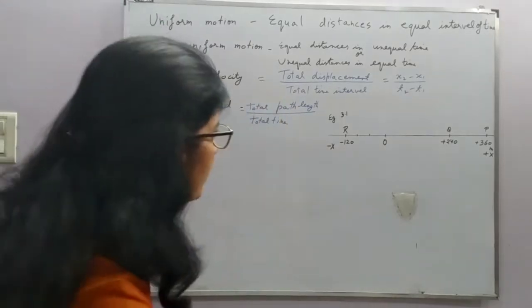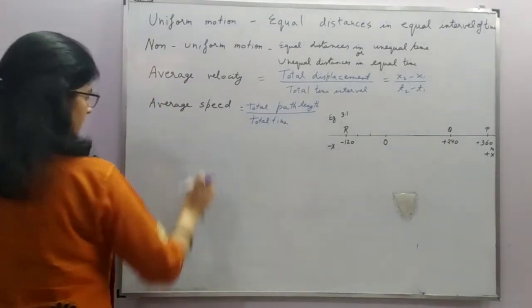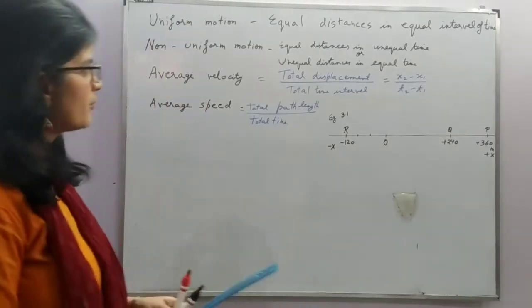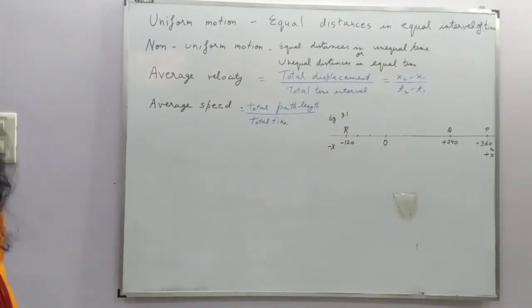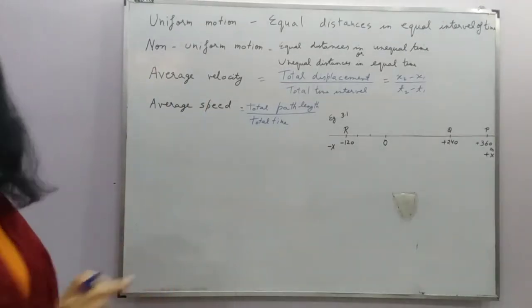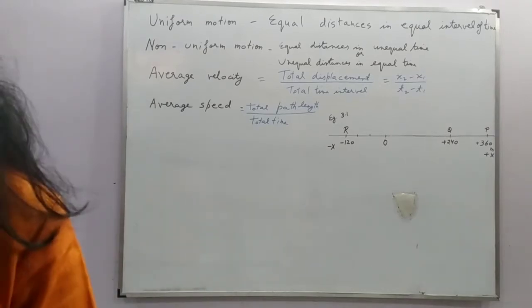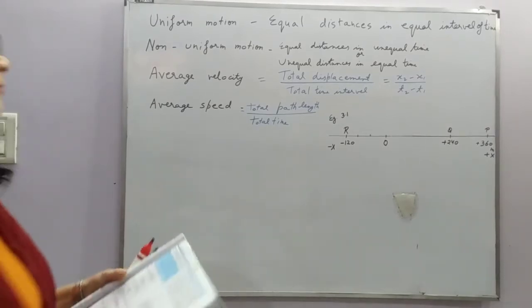So we will take the graphs later on after understanding this example. This example 3.1 is given in your NCERT. A car is moving on a straight line, say OP in figure 3.1.